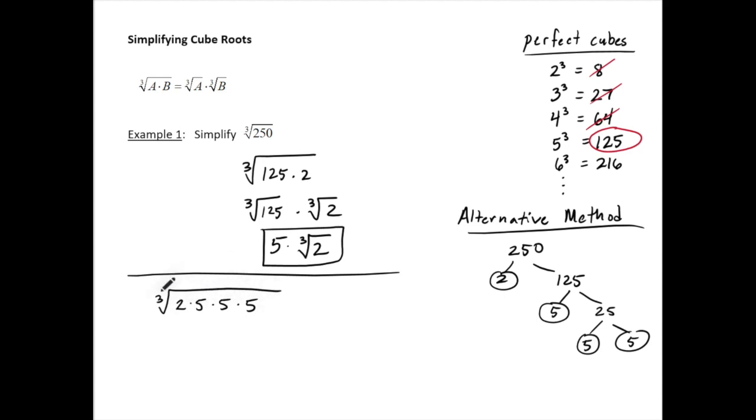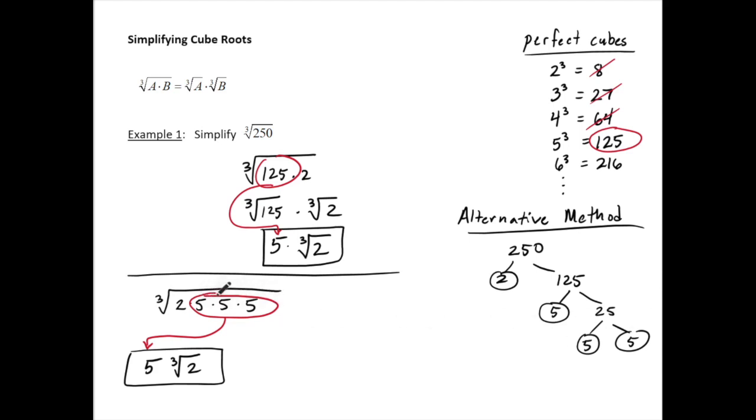And for cube roots, we're looking for any 3 of the same factor. That will give us a perfect cube. And the cube root of 5 times 5 times 5, or 5 cubed, is equal to 5. So when we simplify, this will come out of the cube root as a single factor of 5.